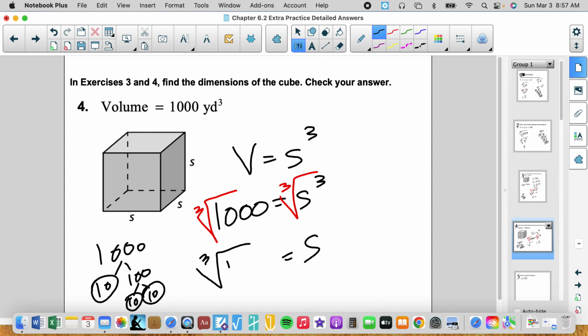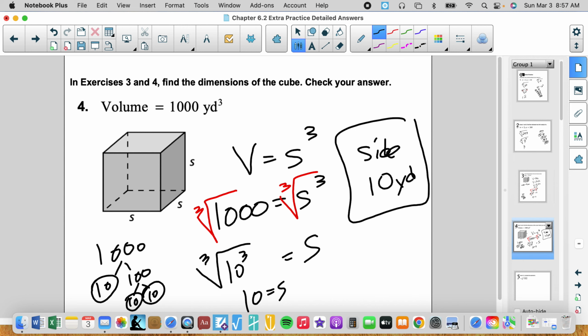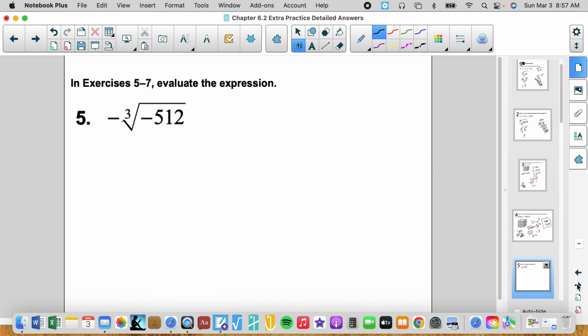So the cube root of 10 to the third is 10, so the side length is 10 yards. Each side is 10 yards.